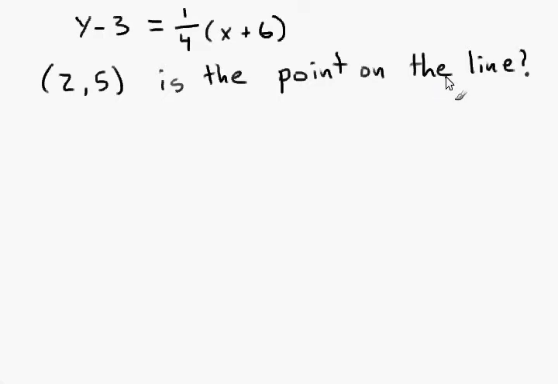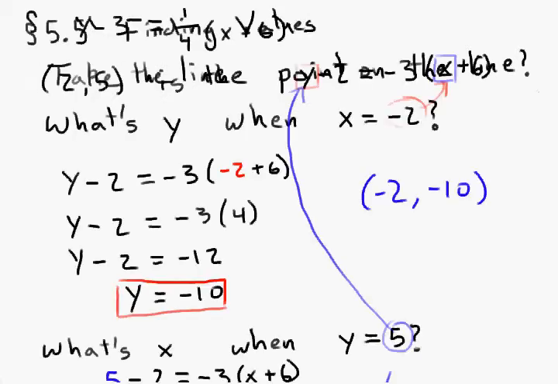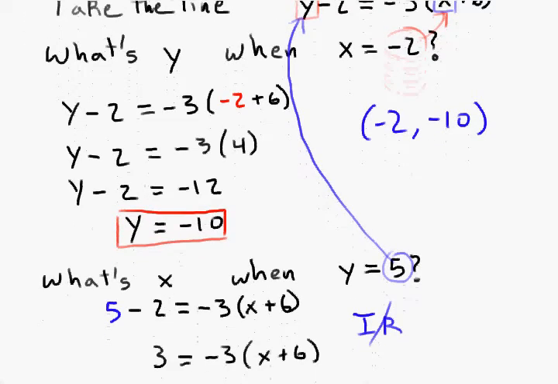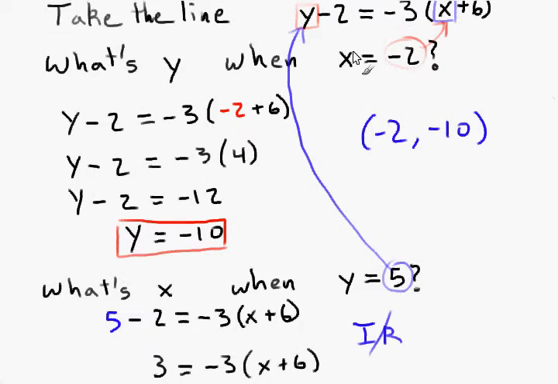Well, I guess what we'll start off with is, if it is on the line, then we put the values in and they're going to agree. We'll get negative 12 over here, and we've got negative 12 here.